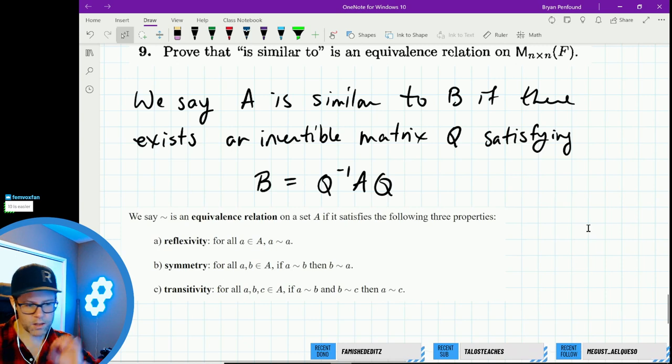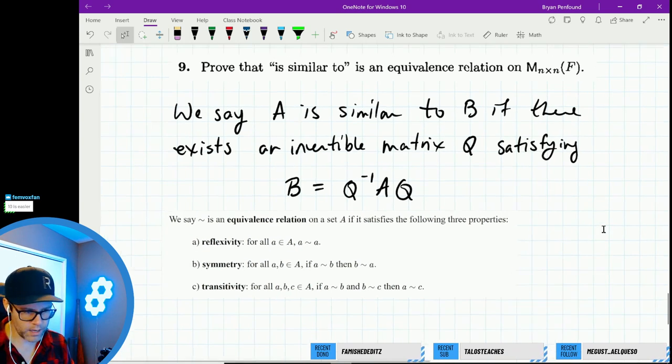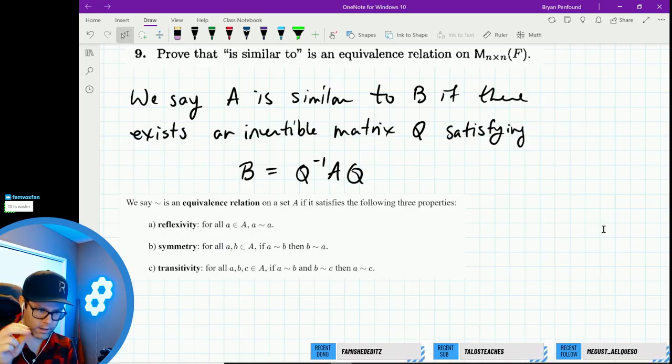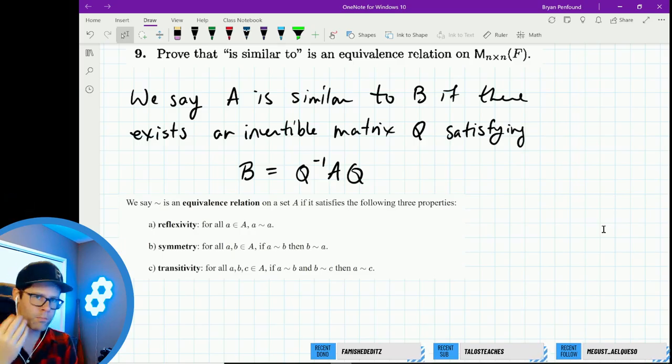These are going to be the two definitions that we need in order to get this proof done. If we could show that similarity is reflexive, symmetric, and transitive, then we'd be done. So let's break this up into 3 steps. 1, is similar to reflexive.